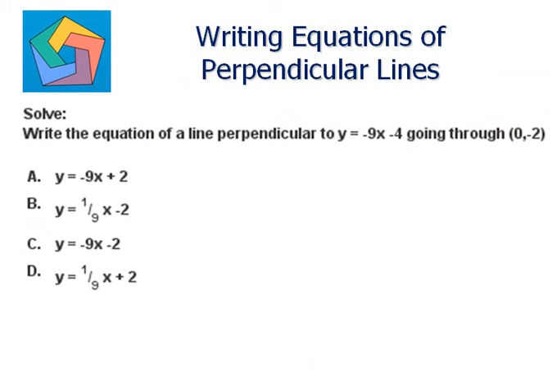Next problem. Solve. Write the equation of a line perpendicular to y equals -9x - 4 going through (0, -2). m1 becomes -9. This implies m2 will be 1/9, since it is the negative reciprocal of m1. So my equation becomes y is equal to 1/9 x plus b. Let's put in (0, -2).